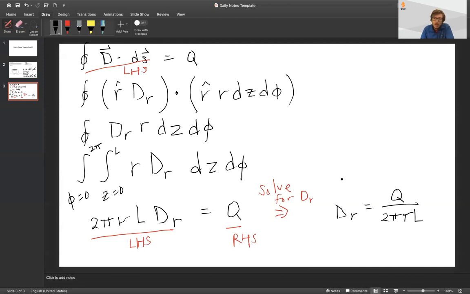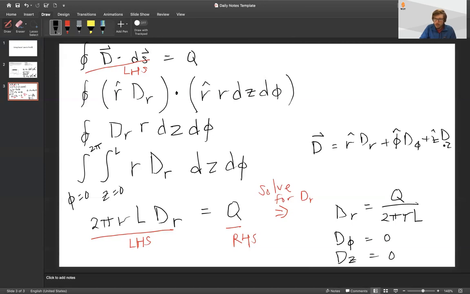Now we have an expression for the magnitude of the electric flux density in the direction that we know it varies. And remember, we also know that D phi is 0 and Dz is also 0. And don't forget that our goal is to find the electric field, which is in air. All of these things are in air.